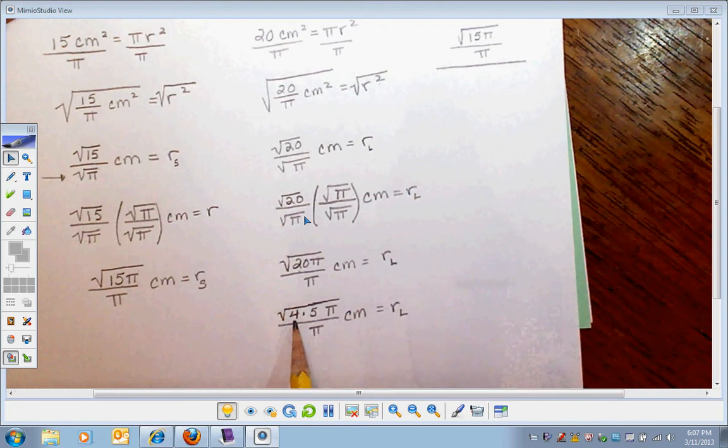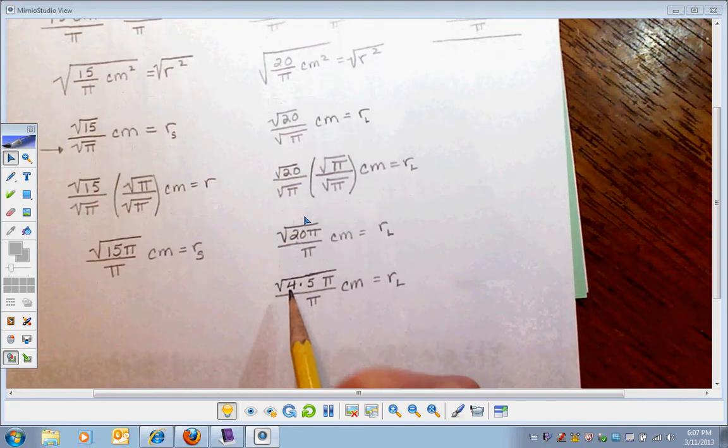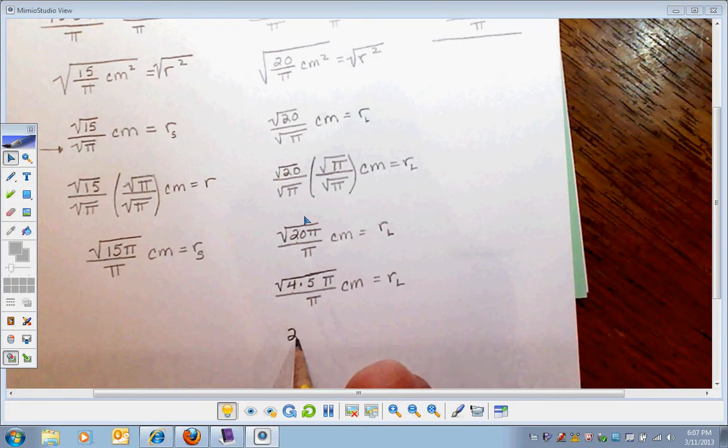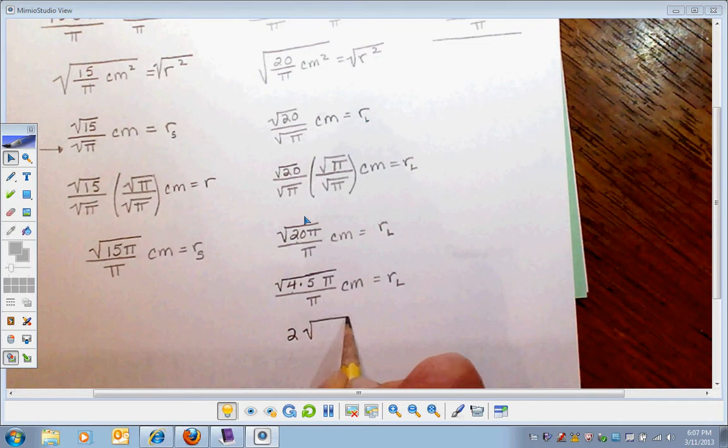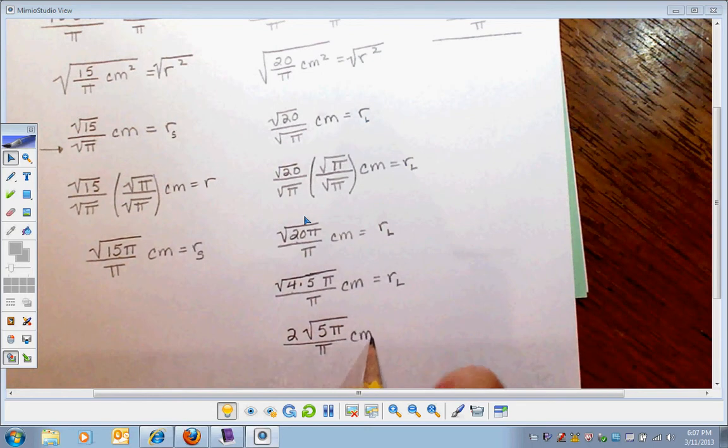So the square root of 4 is 2. Square root of 5 is just the square root of 5, and a square root of pi is just the square root of pi. So that's the radius of my larger circle.